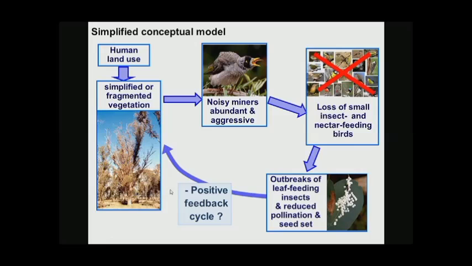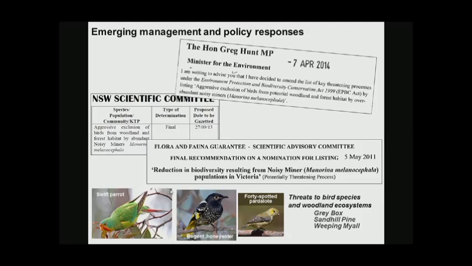Okay, but nevertheless, there are a range of emerging management and policy responses to these findings. This threatening process, which could be called reduction in biodiversity resulting from noisy miner populations, is now a declared threatening process in legislation in New South Wales, Victoria, you can see the date there, 7th of April 2014, also nationally.